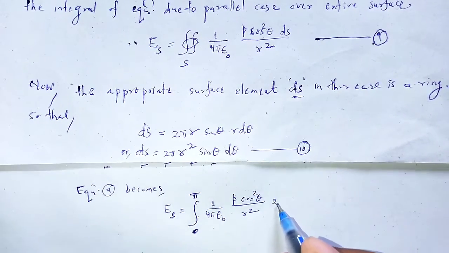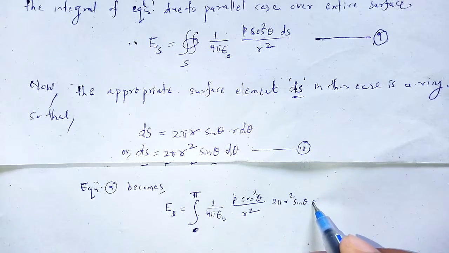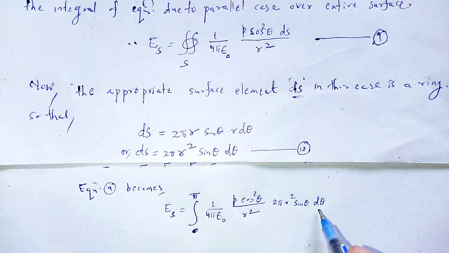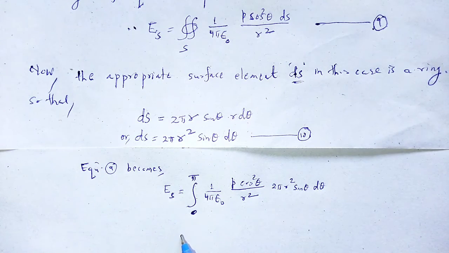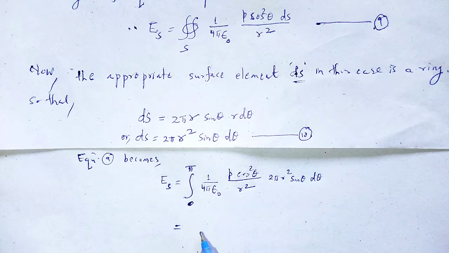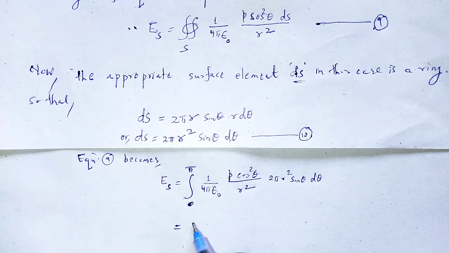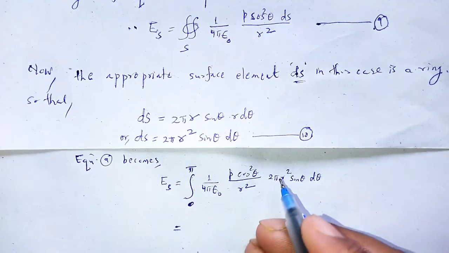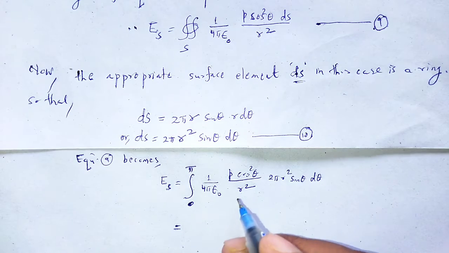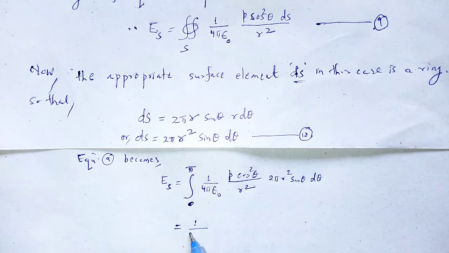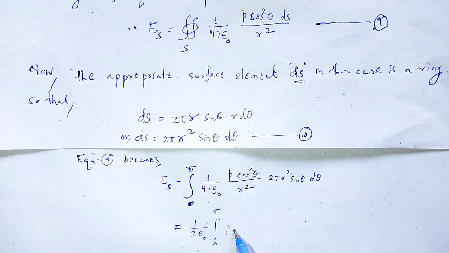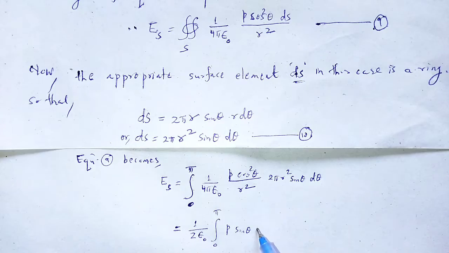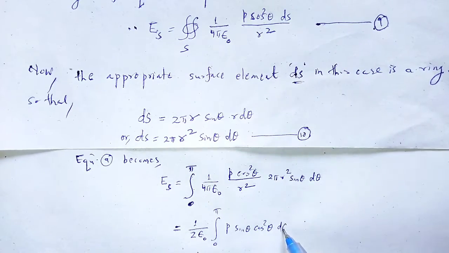In place of dS we substitute 2 pi r square sin theta d theta, with theta limit from 0 to pi throughout the entire surface, which is equal to 1 divided by 2 epsilon naught, the 2 pi cancelling out, that is the constant outside, integral from 0 to pi of P sin theta cos square theta d theta.